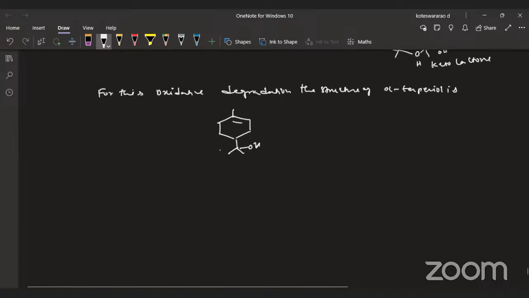That is, take the alpha first. This is the first one. I'm going to show you. Later, you need to do the degradation experiments in the remaining molecules. This is the alpha terpinol, which is subjected to alkaline KOH.